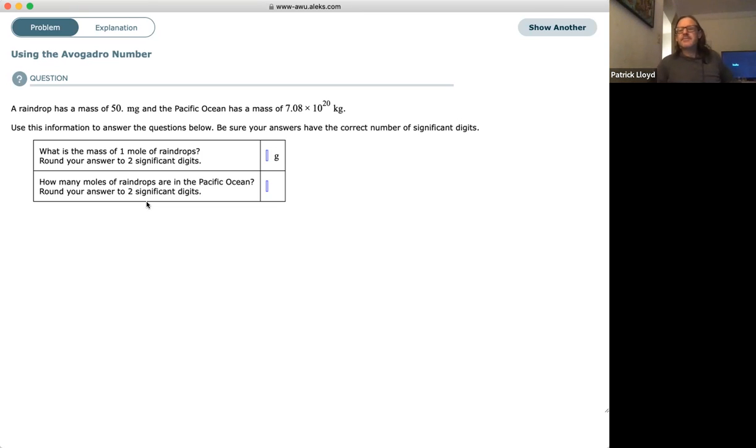Let's take a look at the numbers that they're giving us. They're telling us there's 50 milligrams per raindrop. And then the Pacific Ocean has the mass in kilograms. The first question is, what's the mass of 1 mole of the raindrops? That in a way is the easier part.